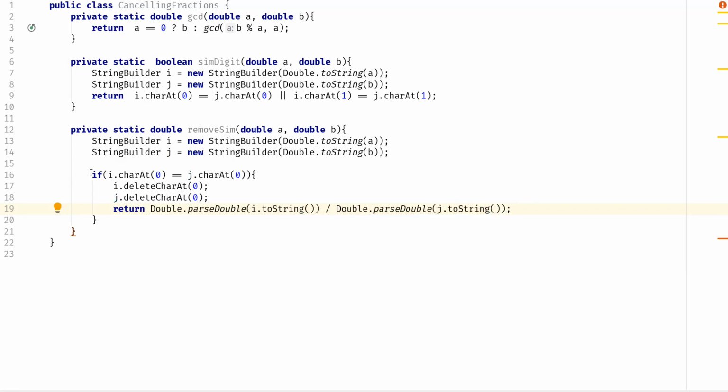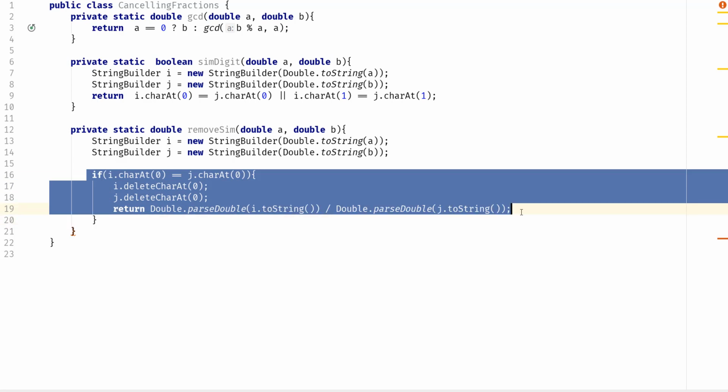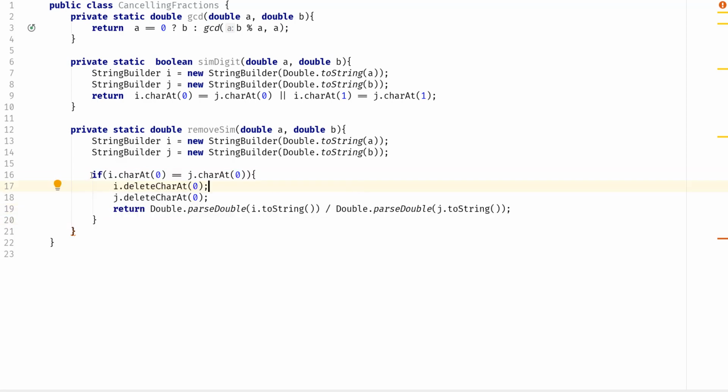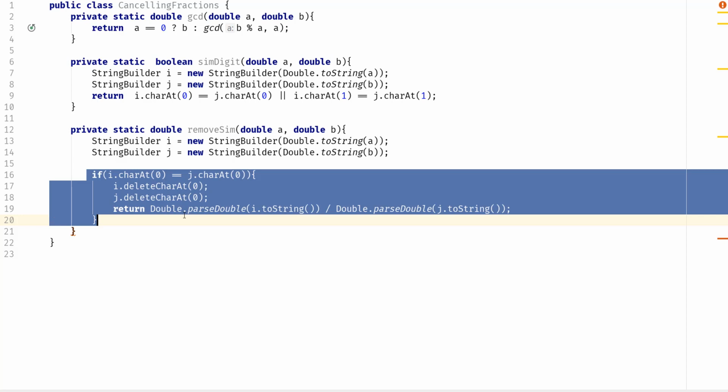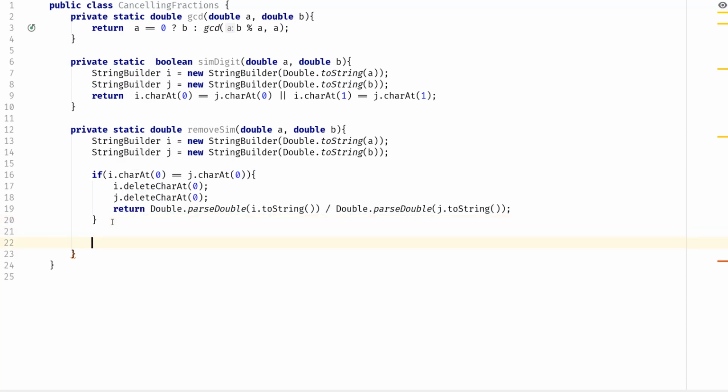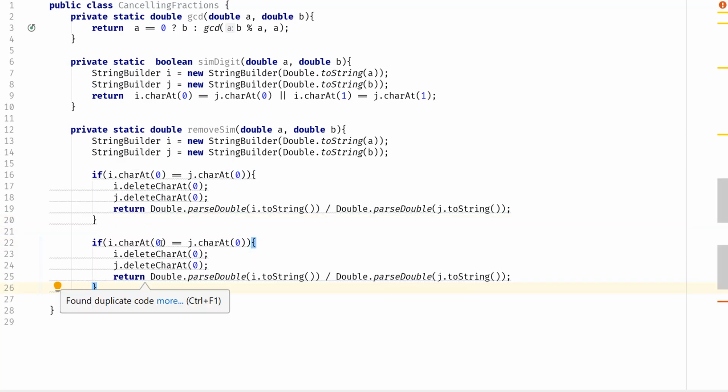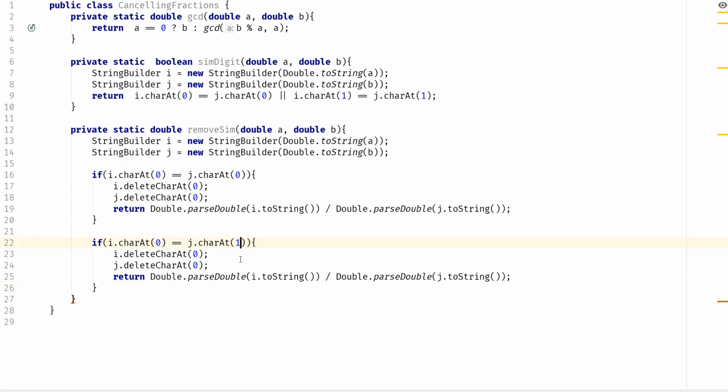And now we want to do it for the values in the second spot. So I'm going to copy this and paste it here, and let's do this for the diagonal. So we're going to say 0 and 1, and we can change j here to 1. This is if the first number in i matches the last number in j.